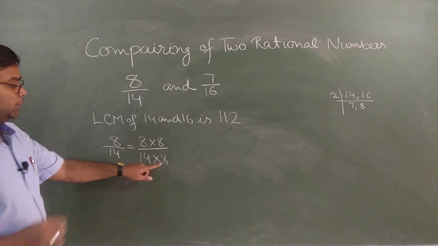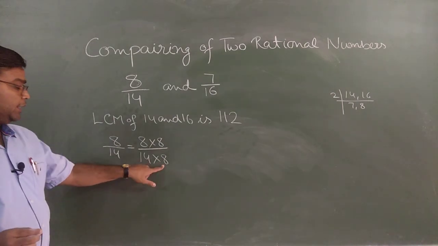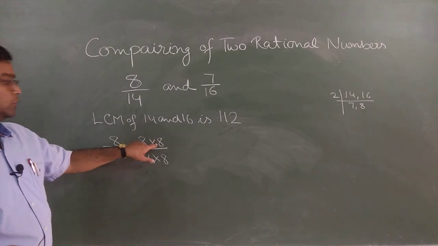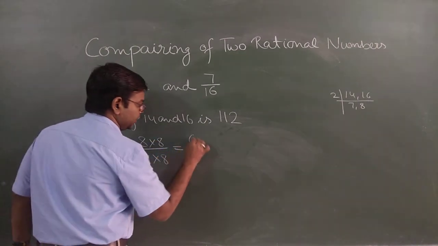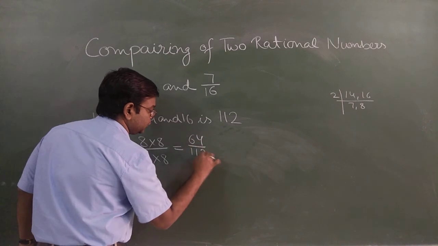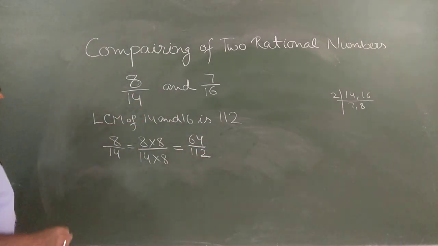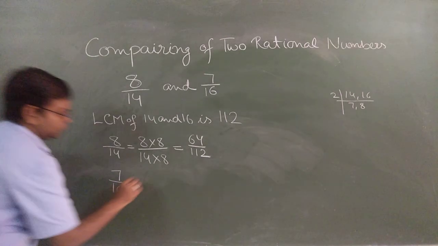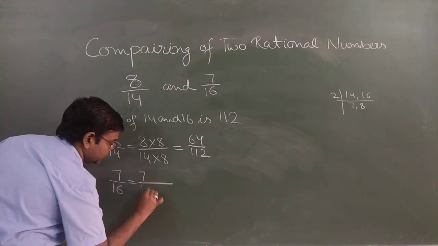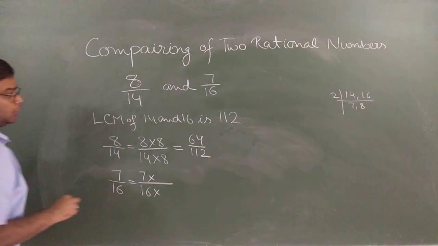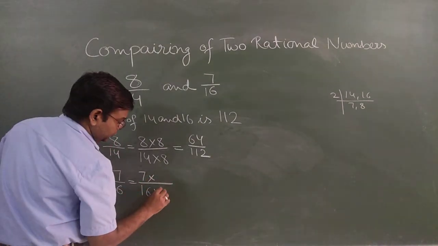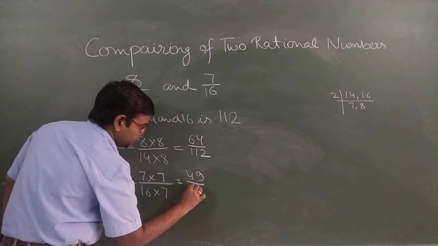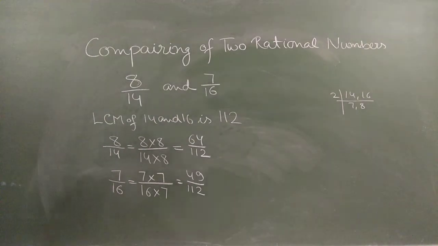So we multiply this 14 by 8, and to balance it we multiply the numerator also by 8. So we have 64 upon 112, the first one. Second, 7 upon 16: 16 times 7, it's 49 upon 112. Hope this one is clear to you.